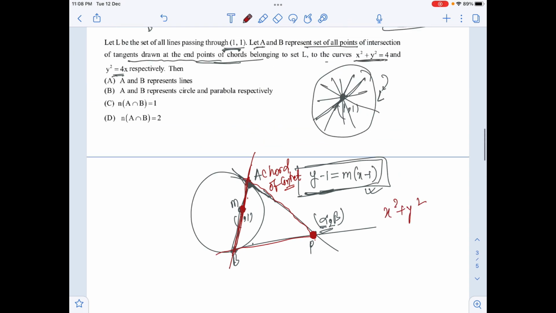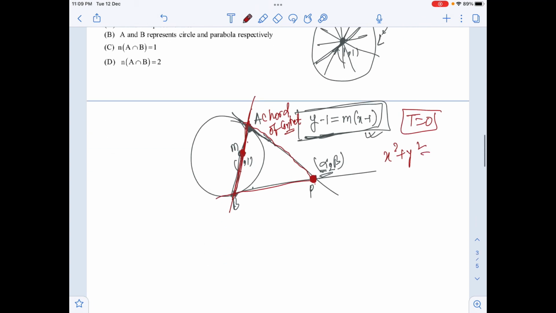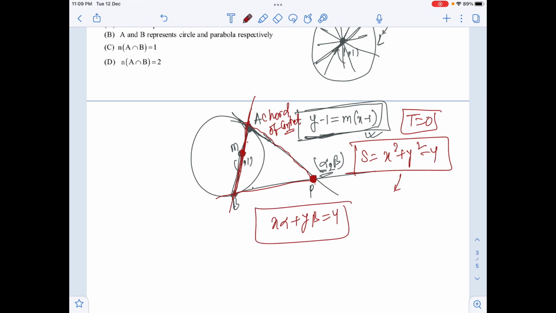So I can immediately write its equation, because to write the chord of contact equation, you must all know it's T equal to 0. So x square plus y square minus 4 is S. So T equal to 0 will give x alpha plus y beta equals 4. I'm assuming you know the chord of contact equation. It might feel nonsensical, like how T equal to 0 is giving the chord of contact, because tangents haven't even been drawn here.